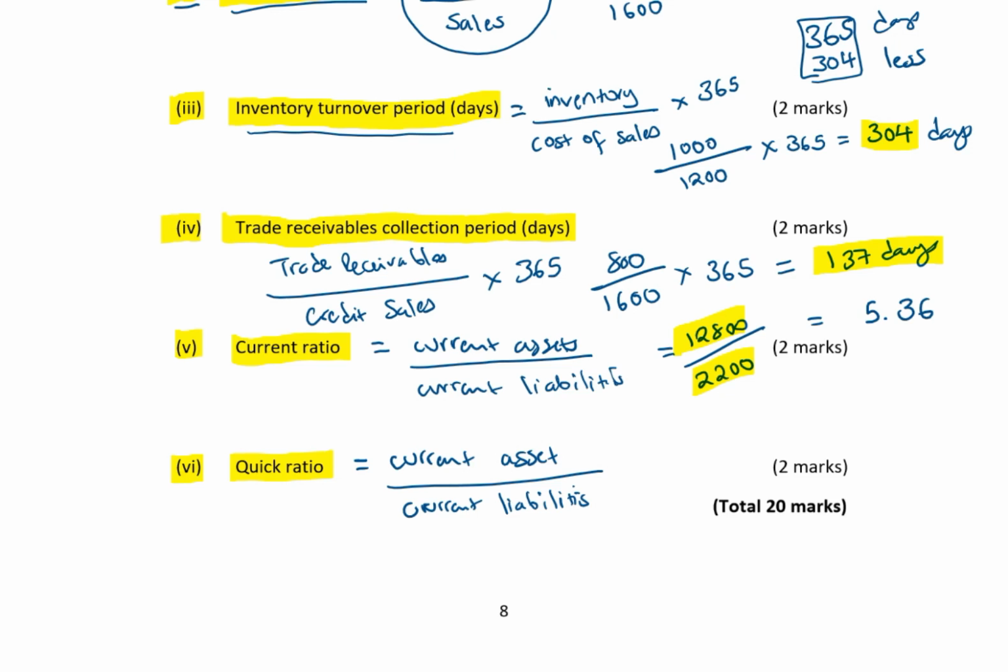So in calculating how much assets you have to be able to convert them and pay up your liabilities, it may be wise sometimes not to include your inventory. And so, less inventory. This is the formula for quick ratio, because inventory may take a while to sell sometimes.